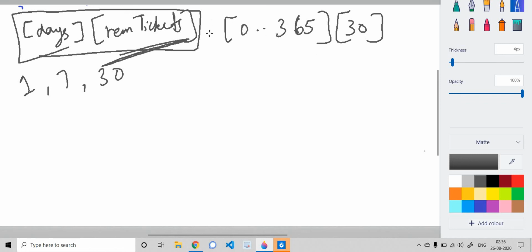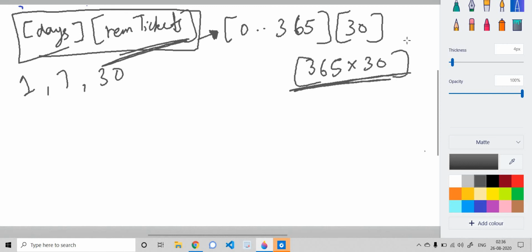This is the range of our DP array. It won't cause any stack overflow or heap overflow, and it will not cause any TLE, as the maximum number of subproblems we could have here is 365 times 30, which is under our control.